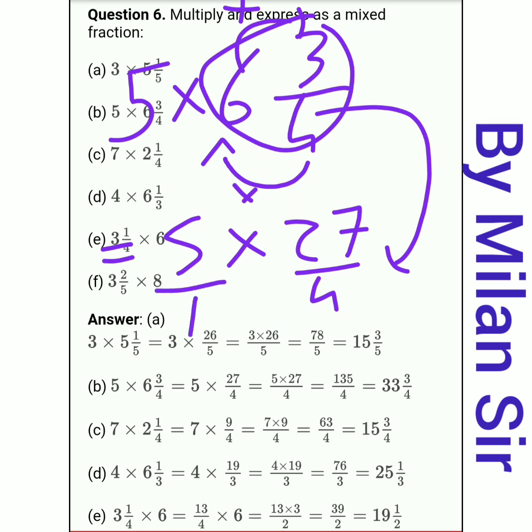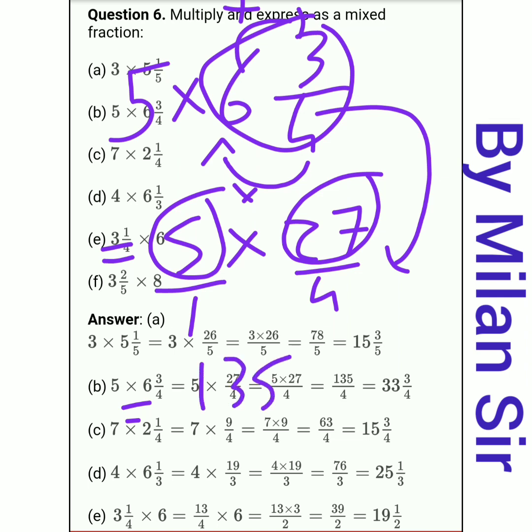Okay, here we can write 1. Now here we cannot cut anything in numerator and denominator, so directly we need to do multiplication process. So 27 into 5, it is 135, right? Divide by 4 as it is. So 135 by 4.